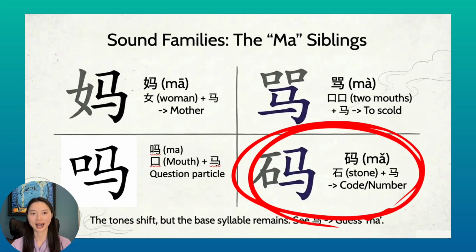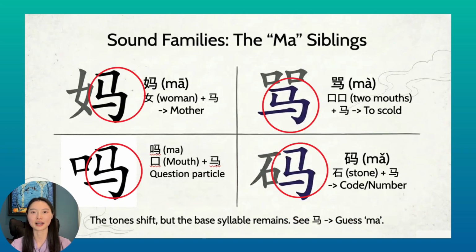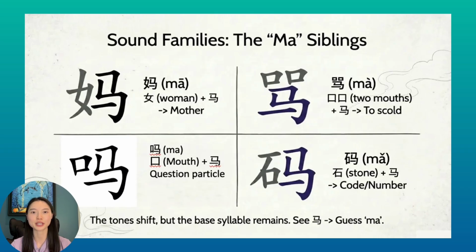Neutral tone. 码, code, number: stone plus 马. 密码, password. Third tone. Notice they all contain 马 and they all sound like 马. The tones shift, but the syllable stays. From now on, whenever you see 马 inside a character, your brain can say, this probably sounds like 马.